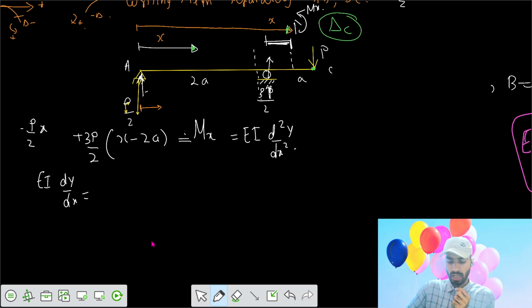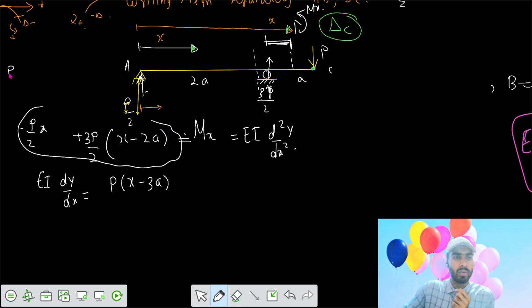If you simplify, it would become P by 2 x minus P by 2 x plus 3 by 2 Px minus 3 by 2 into 2a into P. So your equation becomes finally P into x minus 3a.